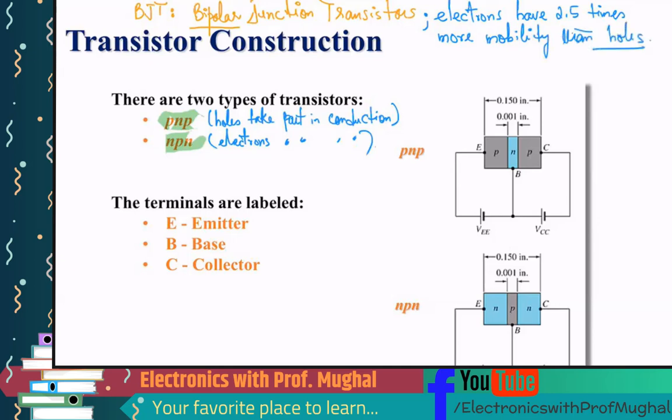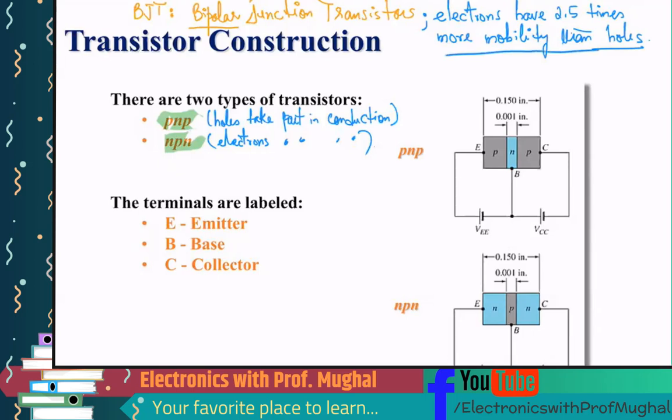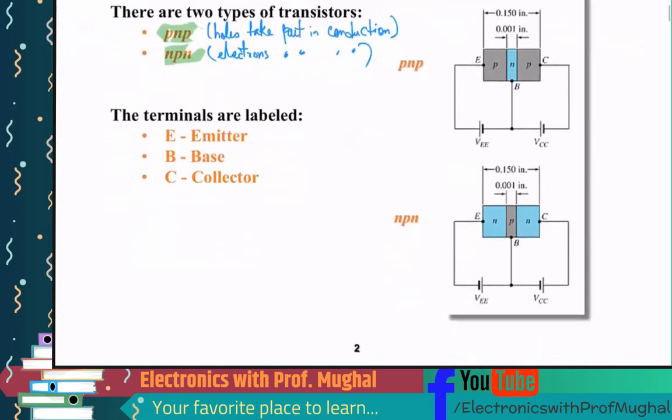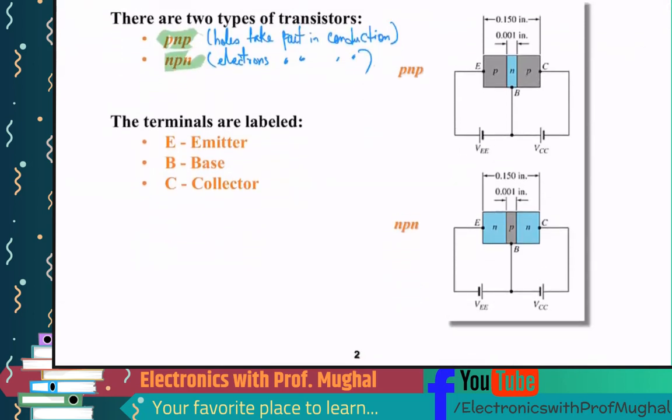So if you're going to use this device for a switching application, where you need to turn something on and off, like a thermostat or emergency alarm, you want that to be done as quickly as possible. So you prefer NPN, okay? They are 2.5 times faster. The construction is different, but the way they work and the job they do is the same.